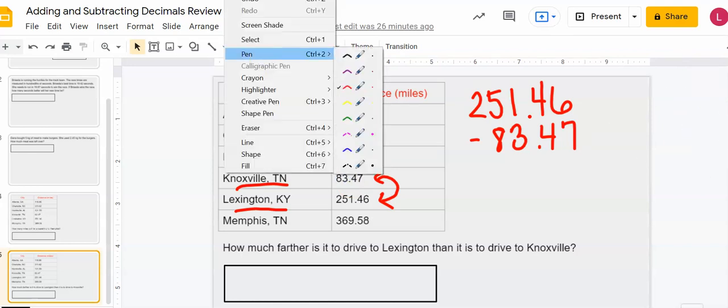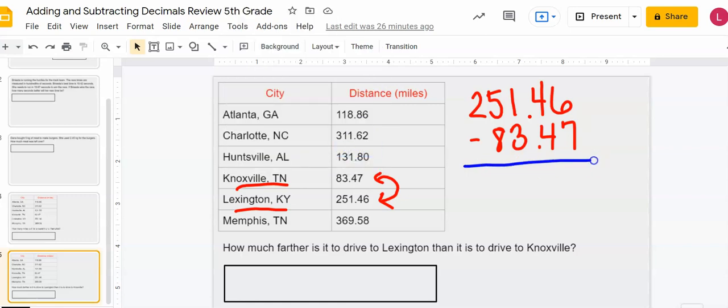I'm going to change pen colors, that way you can kind of see it. And I need to take away 7 hundredths, and we're not going to fall in that common mistake, are we? Because I know I'm going to take 7 hundredths away, so I'm going to rename this. And now I have 16 hundredths.